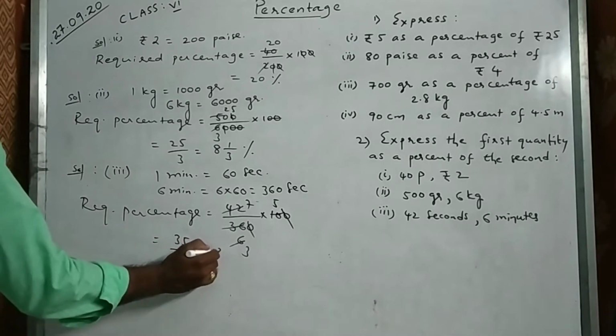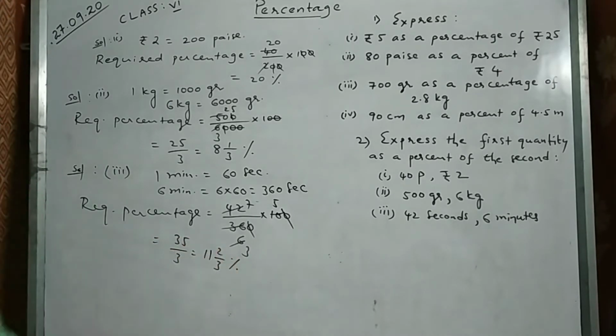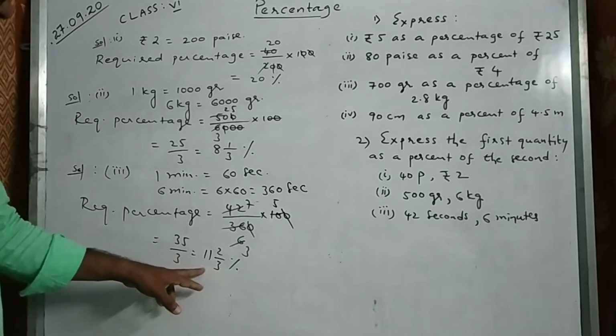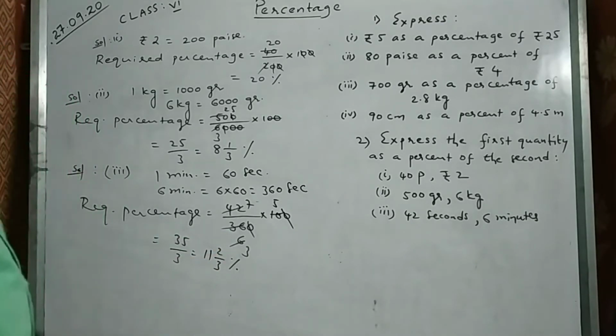How much will remain? 2 by 3. Is it clear? 11 2 by 3. See here, 11 3s are 33 plus 2, 35 by 3. Okay? Let us see the next one.